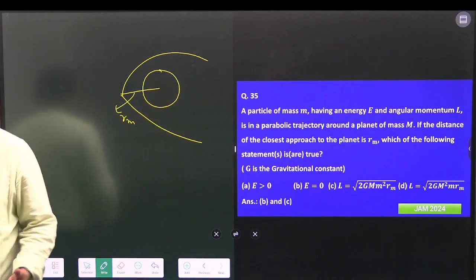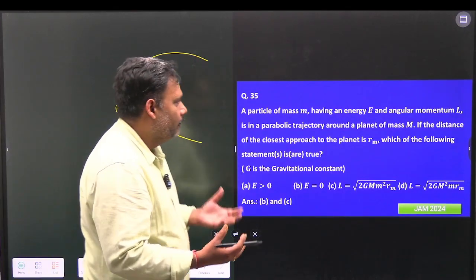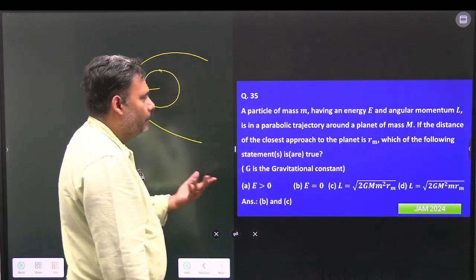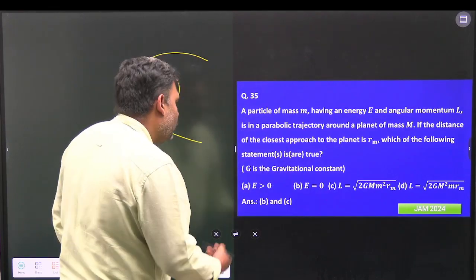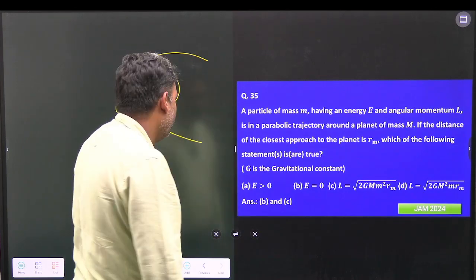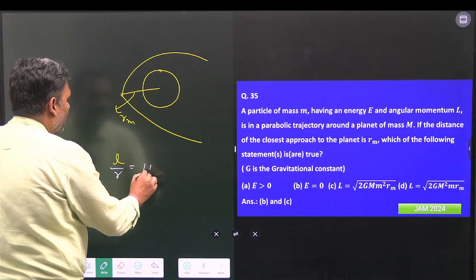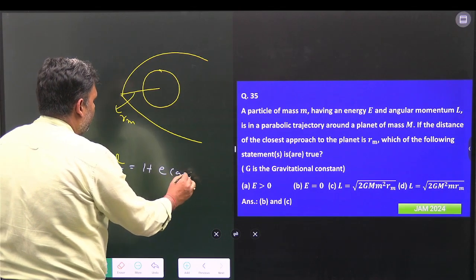We know that when your planet interacts with some mass, we have to go for the Kepler problem. The equation of orbit for the Kepler potential is L upon r equal to 1 plus e cos theta.